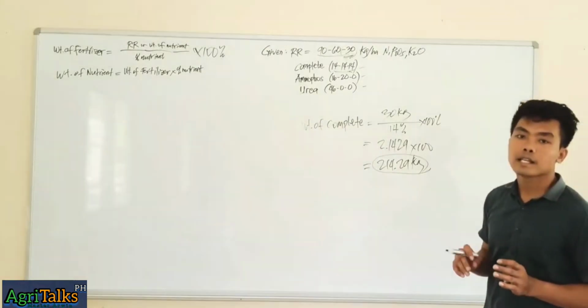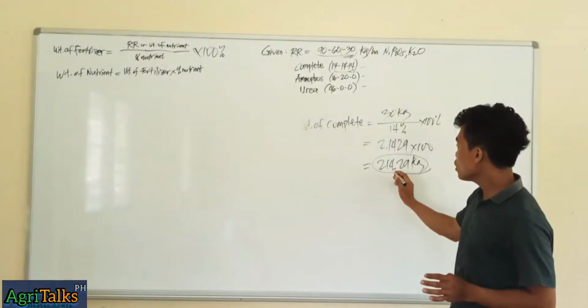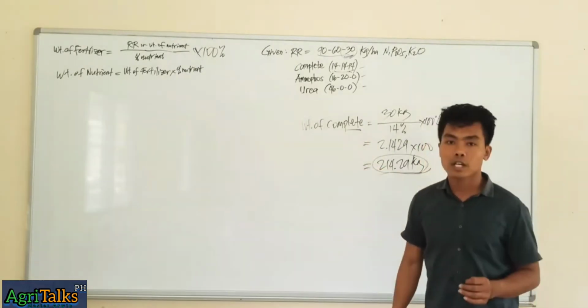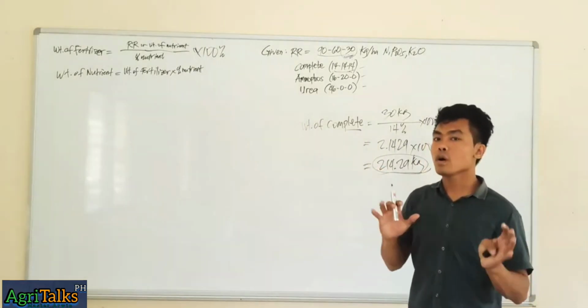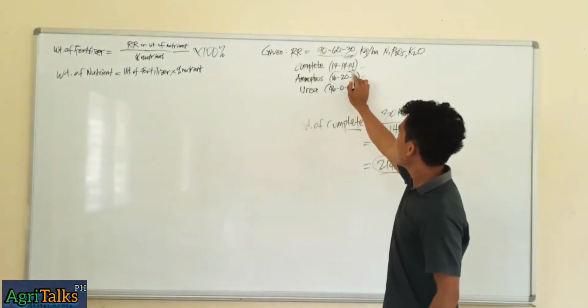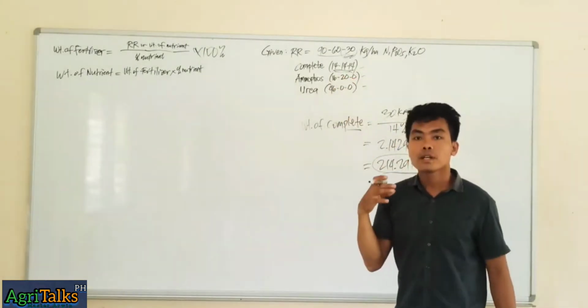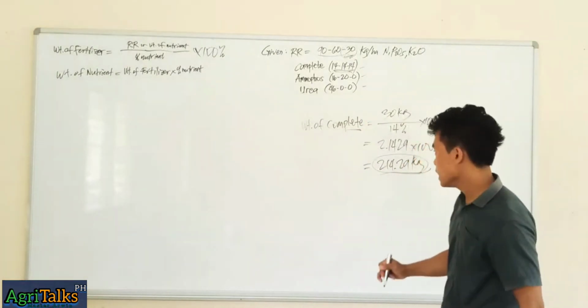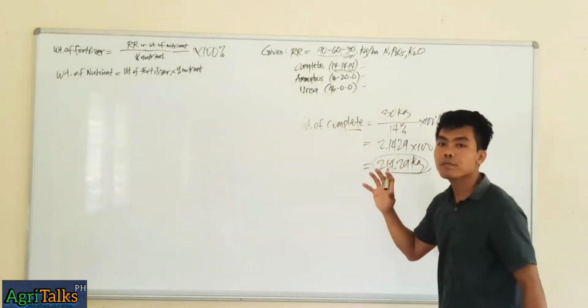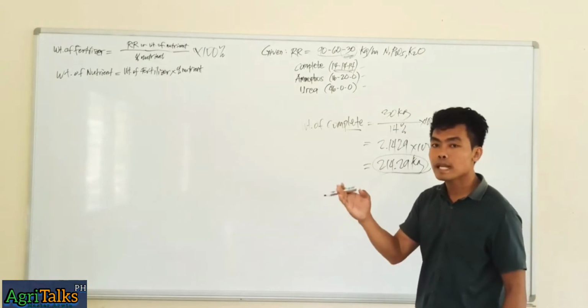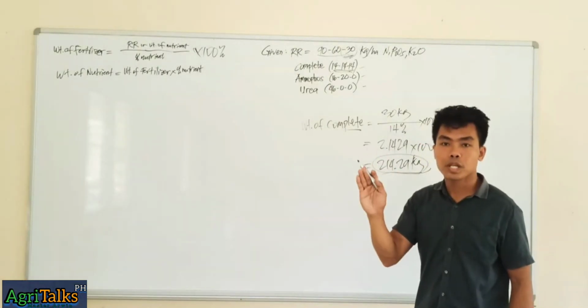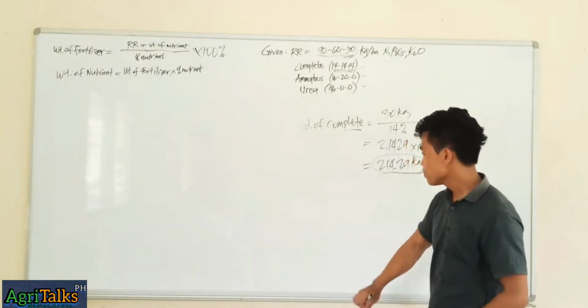So, how to check if you apply this amount of complete fertilizer, whether you also apply the other nutrients? You will use the second formula. The second formula is: the weight of nutrient is equal to the weight of fertilizer times the percent nutrient of that fertilizer.